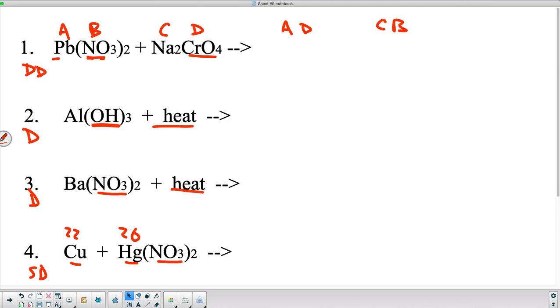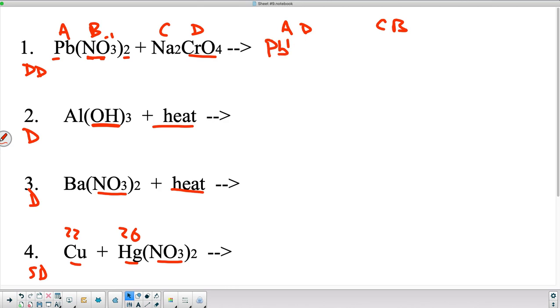So let's take a look at numbers 1 and 3. I've already started number 1. When I go from the left-hand side, I have Pb as a plus 2 because of that 2 there, and that's all because nitrate's a minus 1, which means that Pb must be a plus 2.